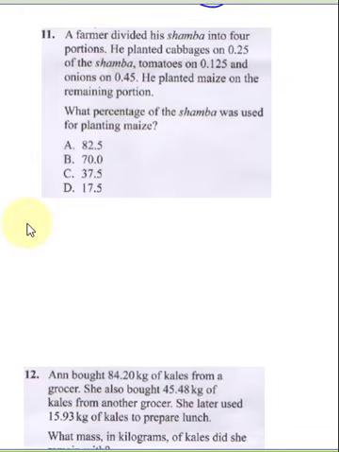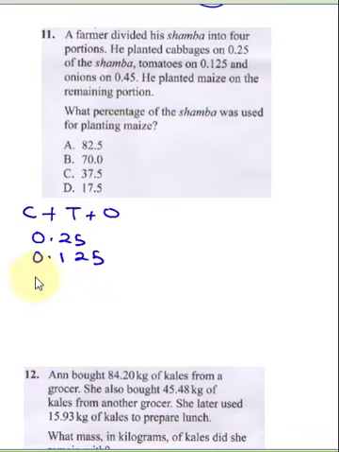Now the first thing you want to do is to sum up what he did on cabbage plus tomato plus onions. So that will give us 0.25, we're going to add 0.125, then 0.45. So we're summing this up to get the part where he planted.